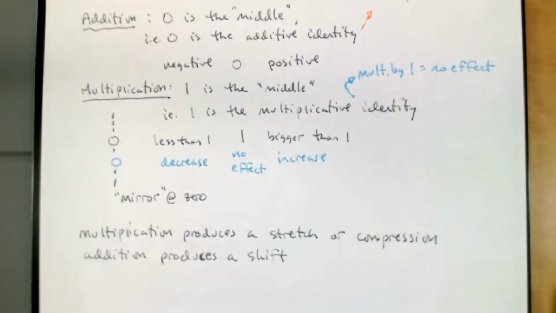Multiplication produces a stretch or compression. Addition produces a shift. Two operations that we can transform functions with.